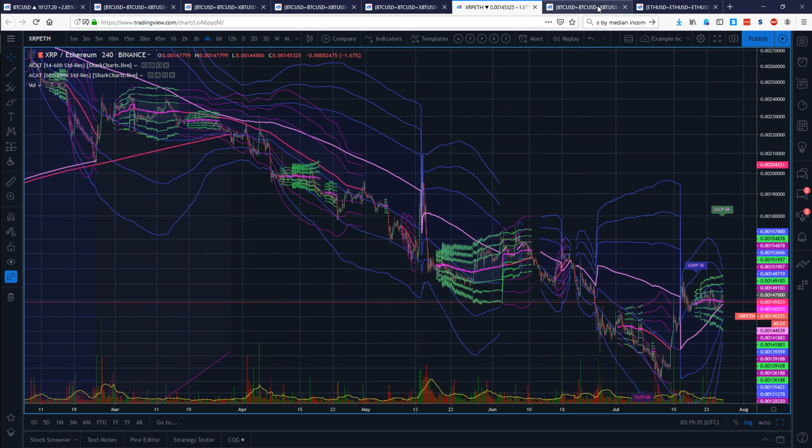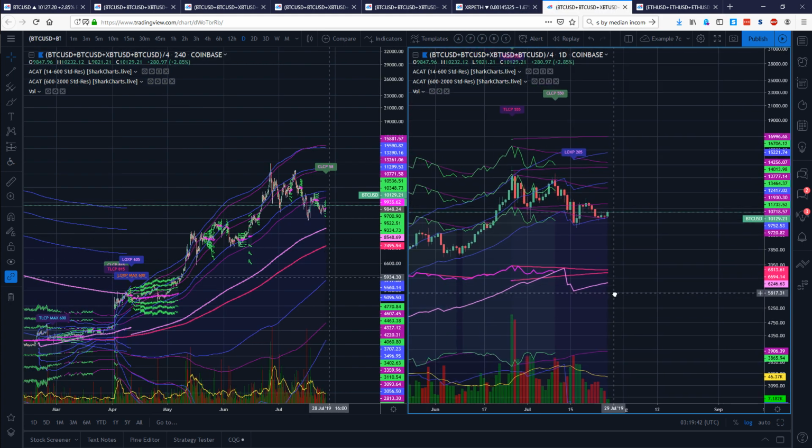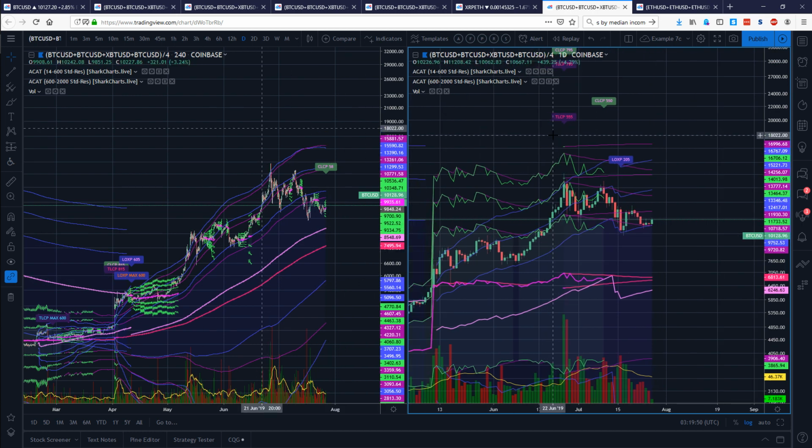So the last two sets of charts I have that I want to show are the comparisons to the daily chart, and I've got these because there's a point I want to make about really high time frame compression pivots, which is that you've got to be really careful about taking them too seriously as exact pivots.